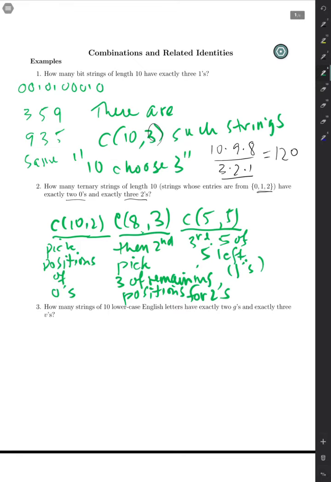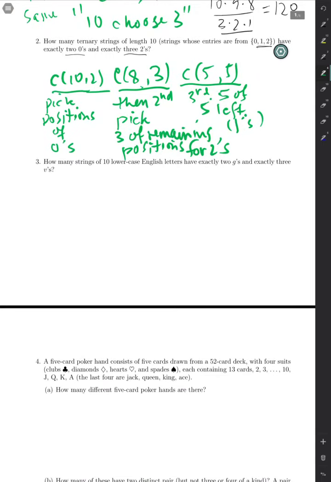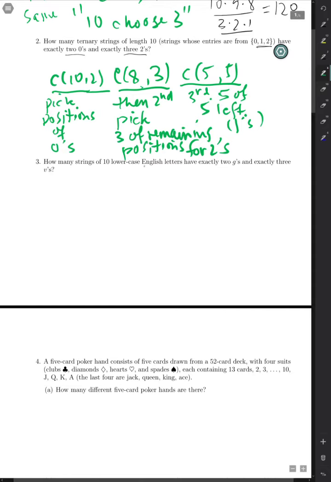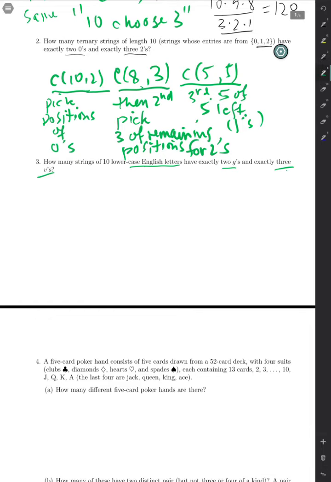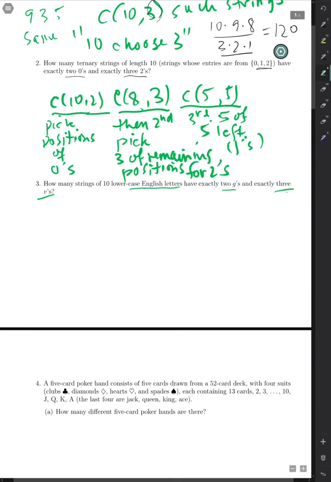Right, so here's one that's very similar. Let me scroll this up so we catch it. How many strings of 10 lowercase English letters have exactly 2 G's and 3 V's? This is very similar to the one above, where we put zeros and twos in. Here we're putting G's and V's in.